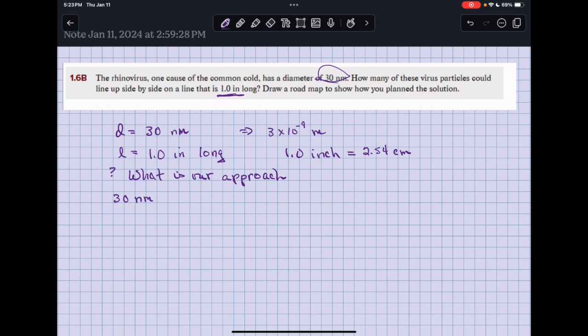And so what we're going to need to do is first convert nanometers to centimeters, so that we can then convert centimeters to inches. All right. So how do we go about doing that? There are several ways you can do it. It's going to depend on what you're comfortable with.